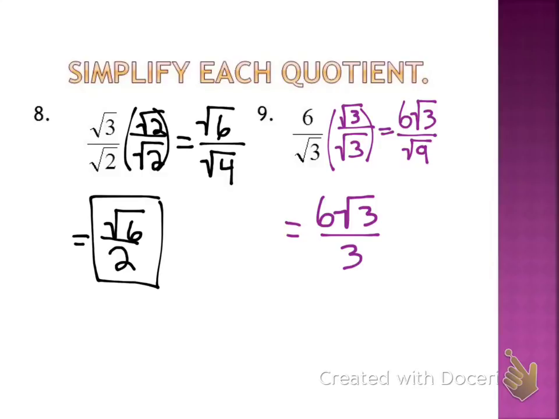Now, this one can go a step further than any problem we've looked at so far. I'm going to give you guys a second to see if anyone can find it. Yes.